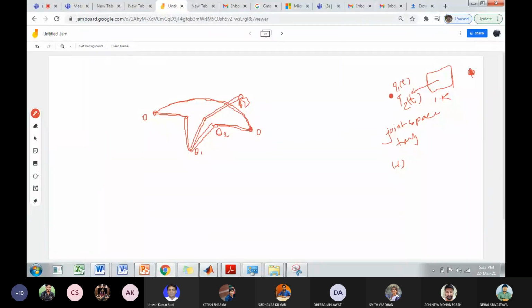Once we have determined q1 and q2 with respect to time, then you determine q1 dot(t) and also q1 double dot(t). Similarly you have the other joints also, so you determine the joint velocity and joint acceleration.